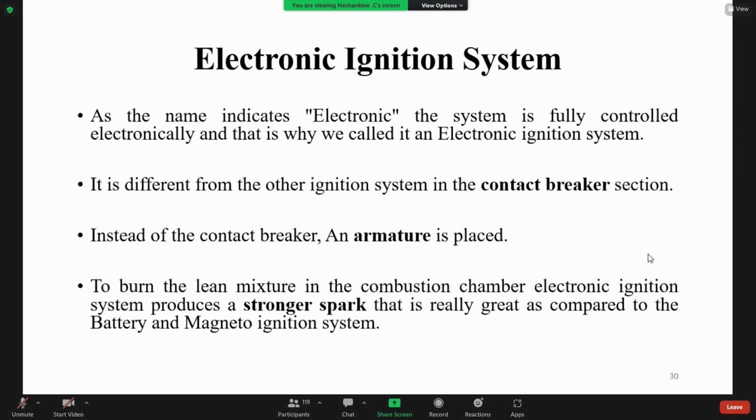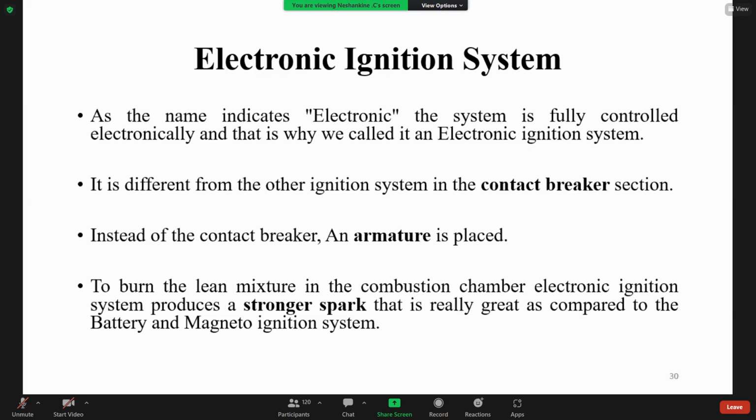Then we will move to the electronic ignition system. Here, this system is fully controlled electronically. Here, we use an armature instead of a contact breaker. In the battery ignition system and magneto ignition system, we used a contact breaker that opens and closes.